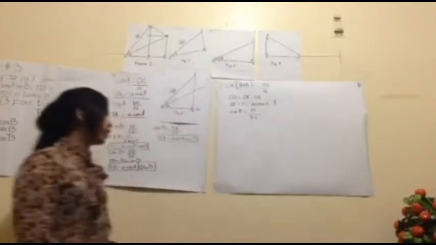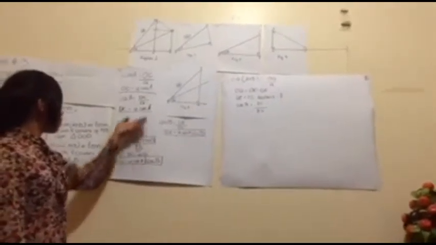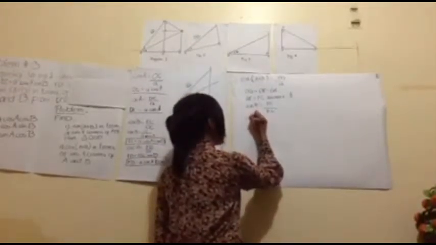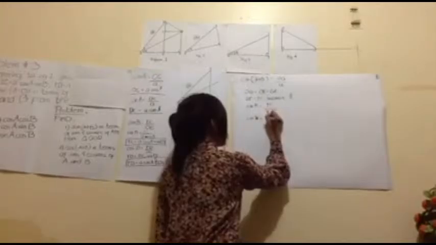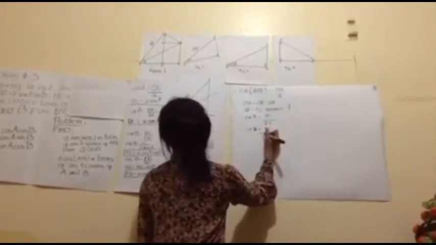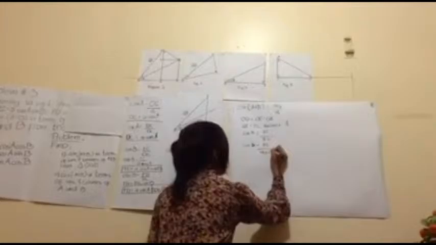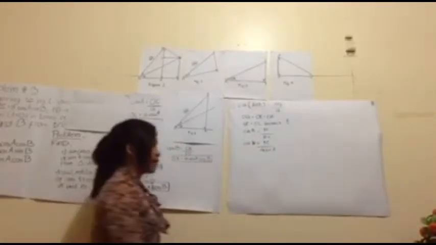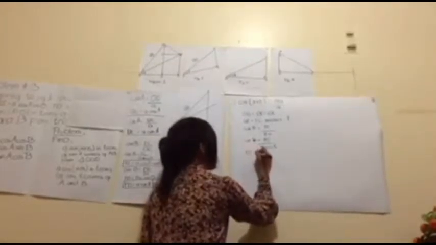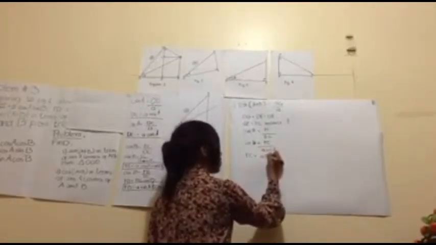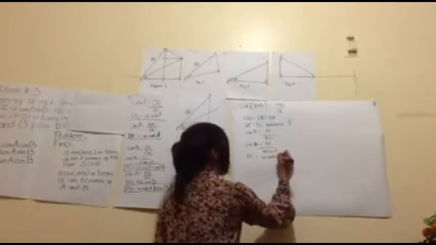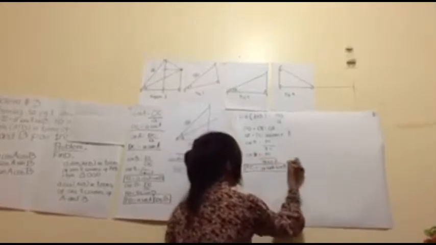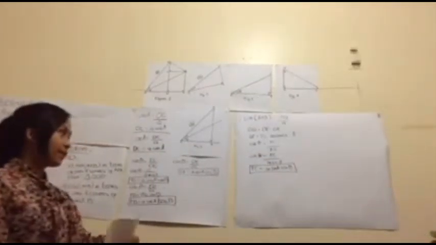Now, since we already have the value of DC, which is equal to A times sine A, we will just substitute: sine B is equal to FC over A times sine A. Now, we will just cross multiply it so that we arrive at the value for FC. Now, FC is equal to A times sine A times sine B. Here, we already have the value of FC.